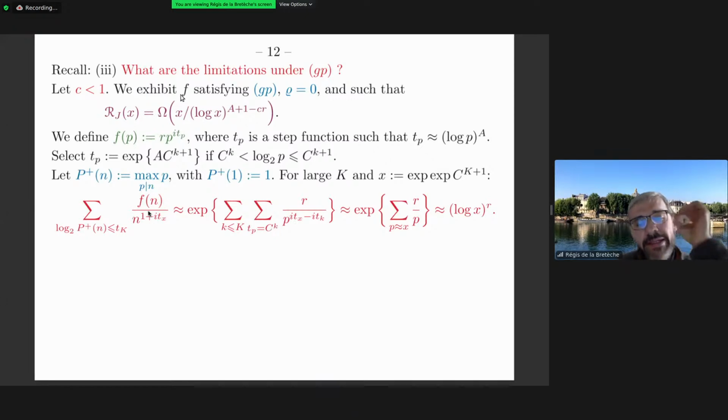If we estimate, sorry, the Dirichlet series with the variable condition here, but with s equal to 1 plus itx, then we have this approximation.